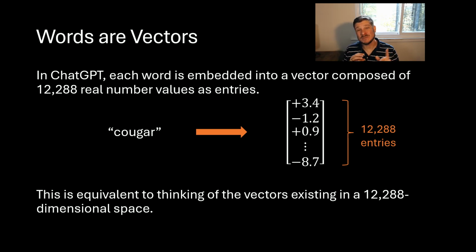This also means that we have 12,288 different dimensions of freedom, or ways to move. In 3 dimensions, we have left, right, forward, back, up, and down. Now we're talking about 12,000 different directions. So when we talk about the differences between words and that vector subtraction that gets us from one word to the other word and represents that relationship, that also can exist in this 12,000 dimensional space. Yeah, it's a little bit more complicated than we can probably visualize in our heads.